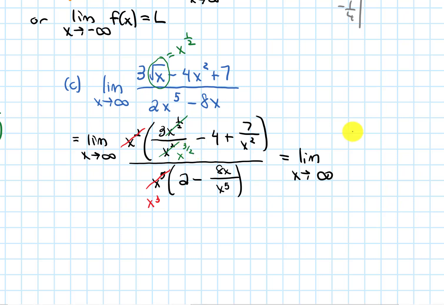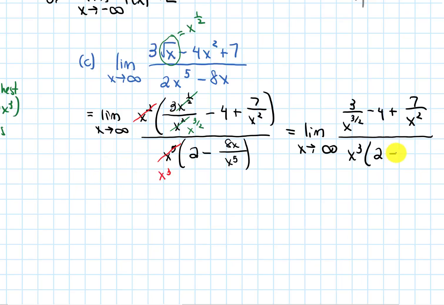So we get 3 over x to the 3/2 minus 4 plus 7 over x squared, over x cubed in front of the parentheses and then 2 minus, and I can also cancel an x with the x to the 5 and be left with x to the 4, minus 8 over x to the 4.